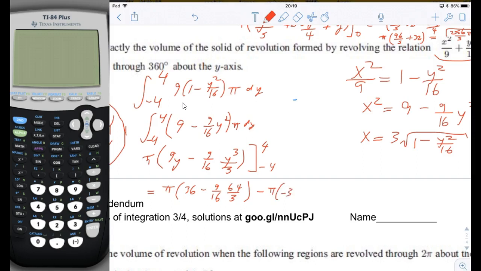It's going to be -36 minus 9/16, and minus 4 cubed is going to be -64 divided by 3.